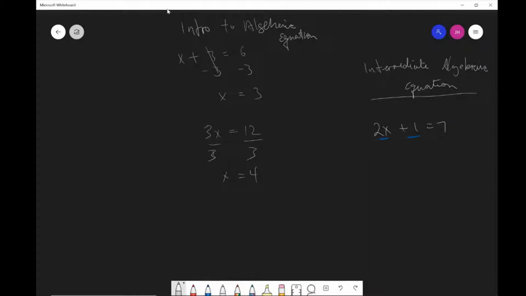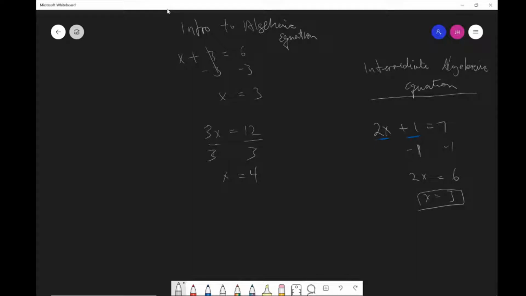So what I've told you guys is to get rid of the plus minus first. Addition subtractions should take priority in this case. So that 2x equal to 6, x equal to 3.